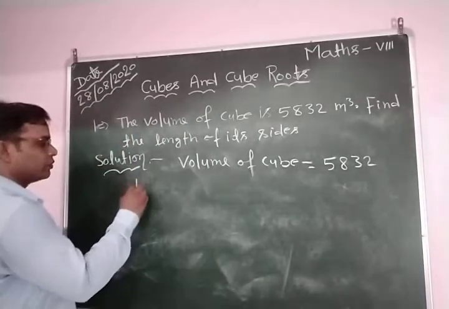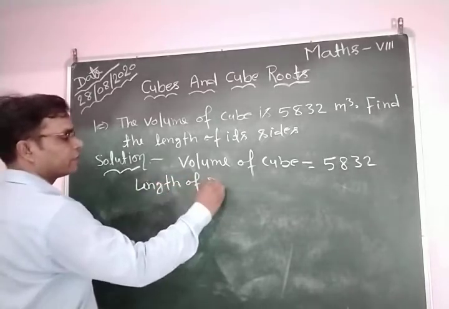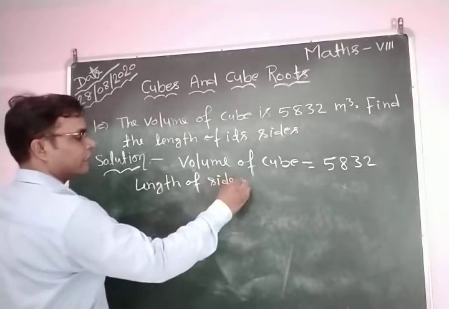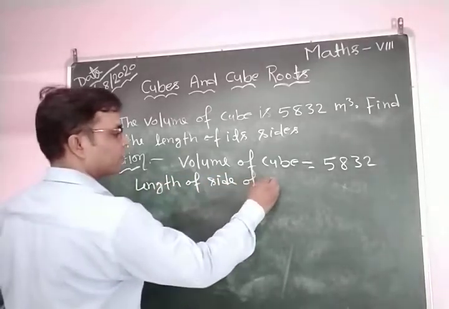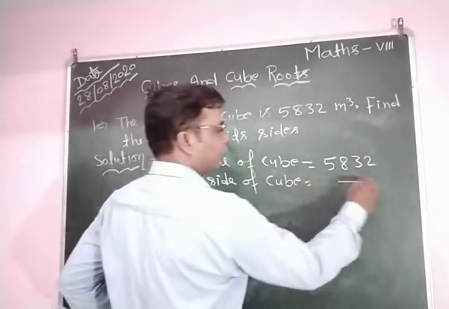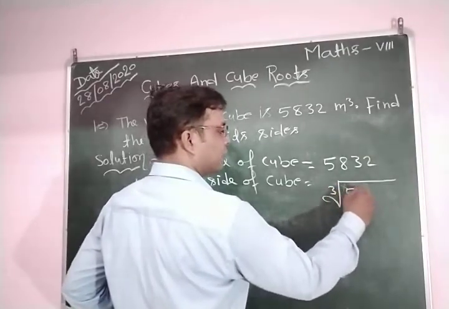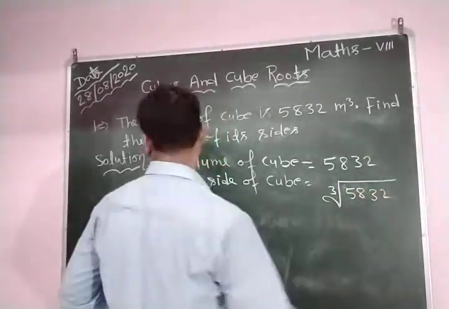Okay, now we need to find the length of side of cube. So length of side of cube is equal to, we need to find the cube root of 5832.